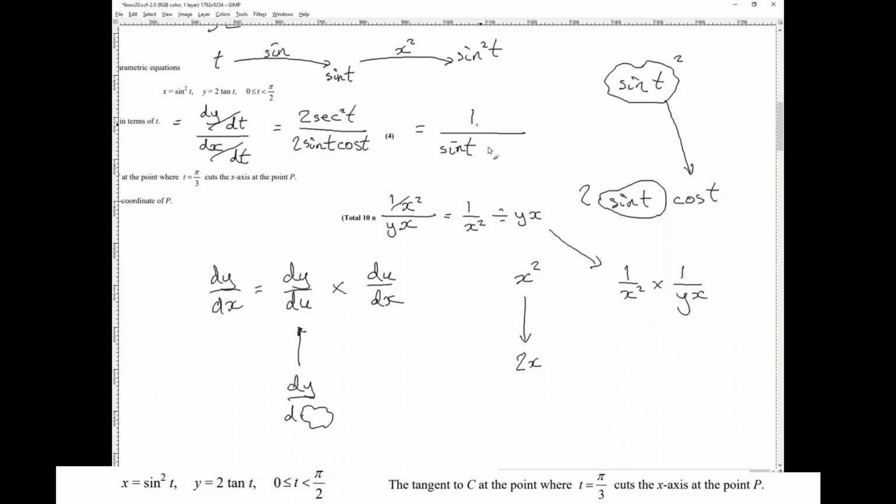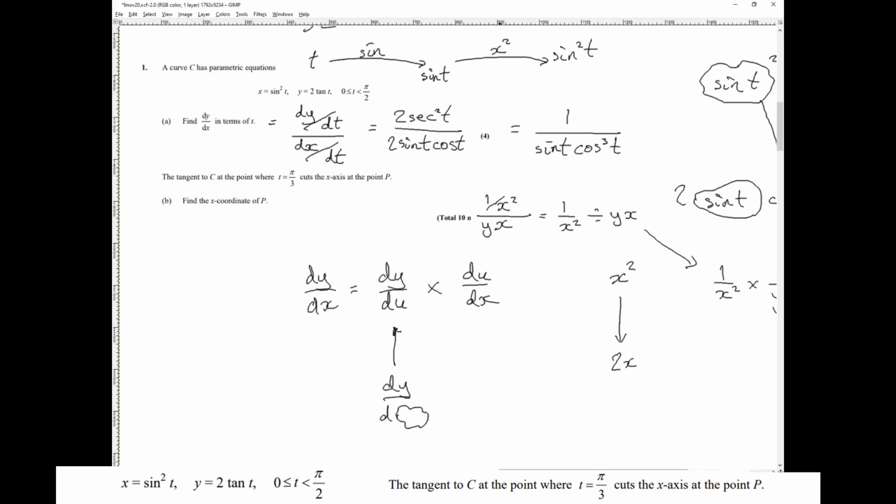So then that would make the cos cubed t. So we could also say that's like cosec t times what?